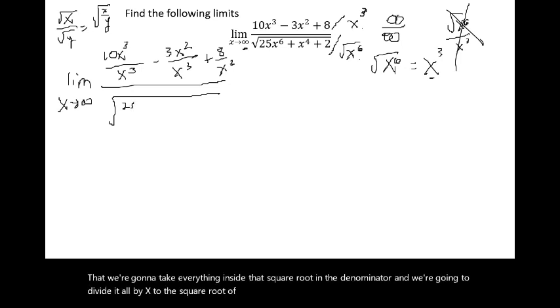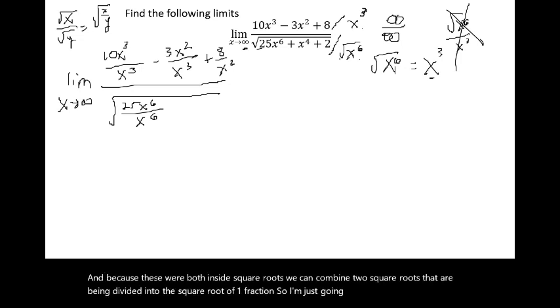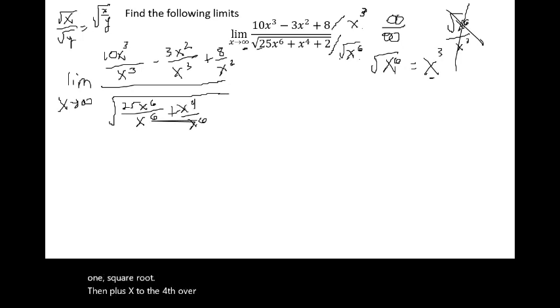So we have 25x to the 6th over x to the 6th. And because these were both inside square roots, we can combine two square roots that are being divided into the square root of one fraction. So I'm just going to combine those all under one square root. Then plus x to the 4th over x to the 6th, and then plus 2 over x to the 6th. And then I'm going to simplify this as much as I can.